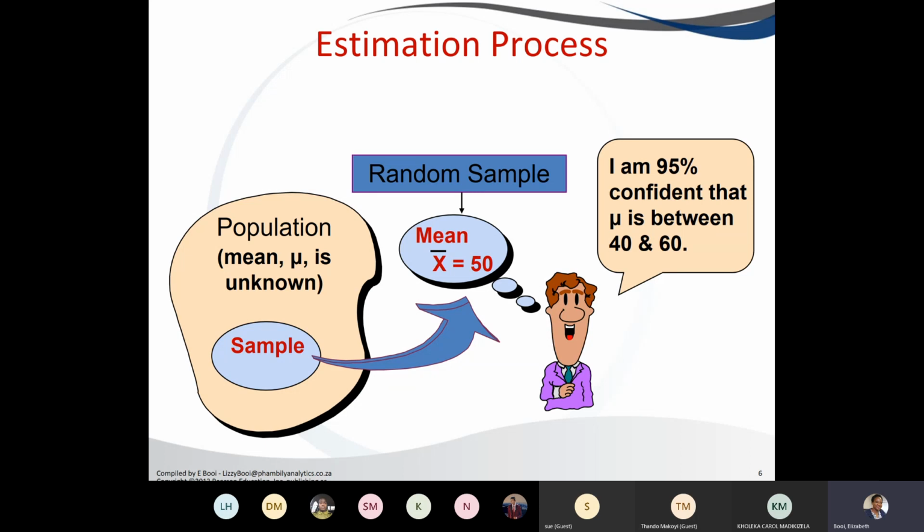And when it does fall within the interval, you should be able to say, I am confident that the population mean will be between those two values. Because then you would have calculated the confidence interval and your mean will have been within that confidence interval. If it falls outside of the interval, you cannot infer the results back to the population.